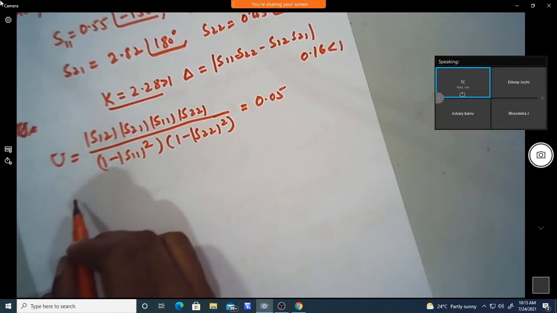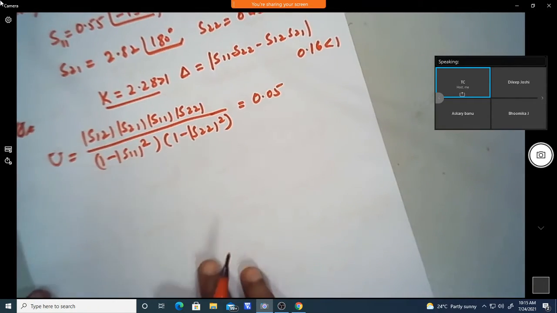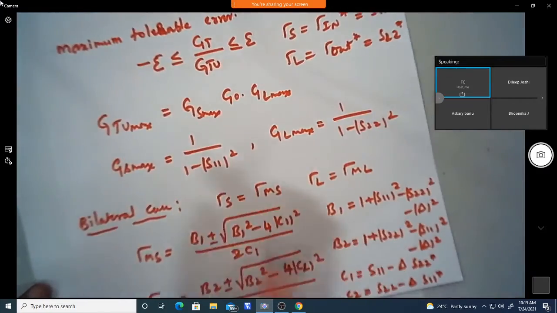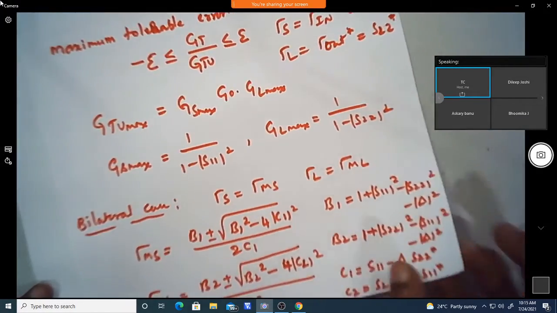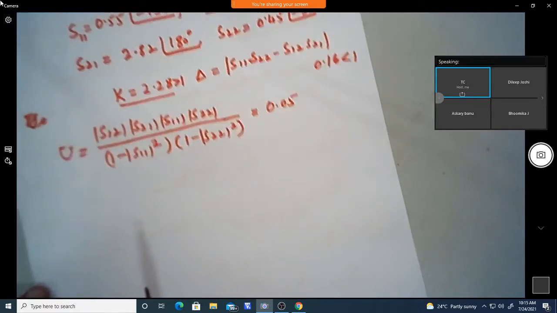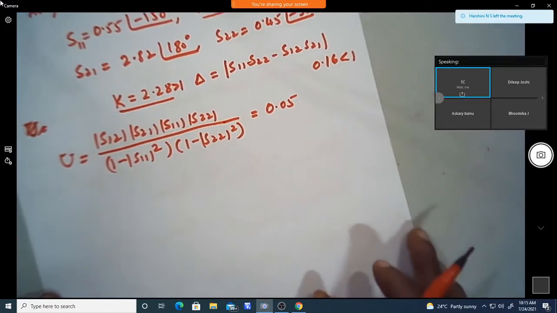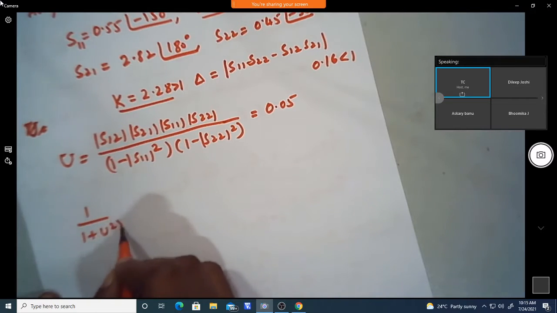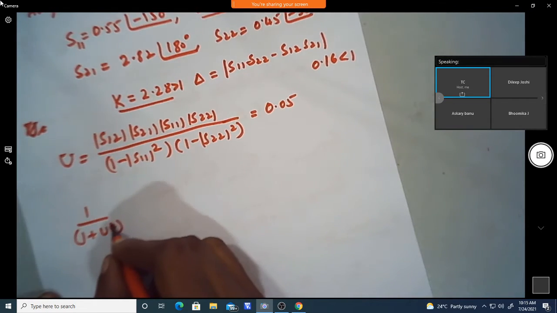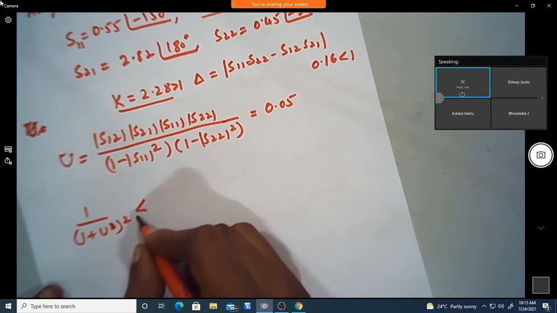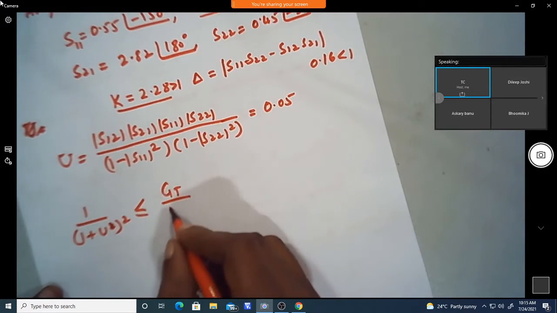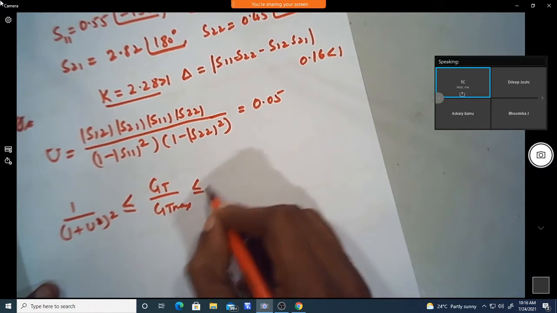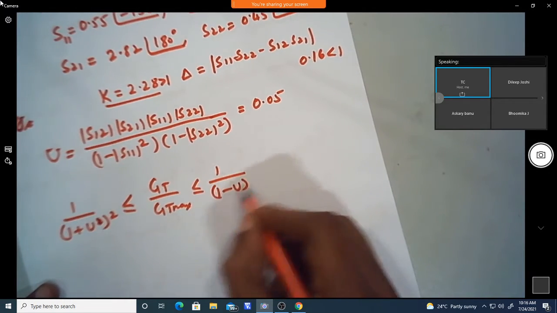Now, the maximum tolerable error, whatever epsilon we have defined, is nothing but 1 over 1 plus u whole square, sorry. So this is less than or equal to GT by GT max for the unilateral case, which is less than or equal to 1 over 1 minus u whole square.